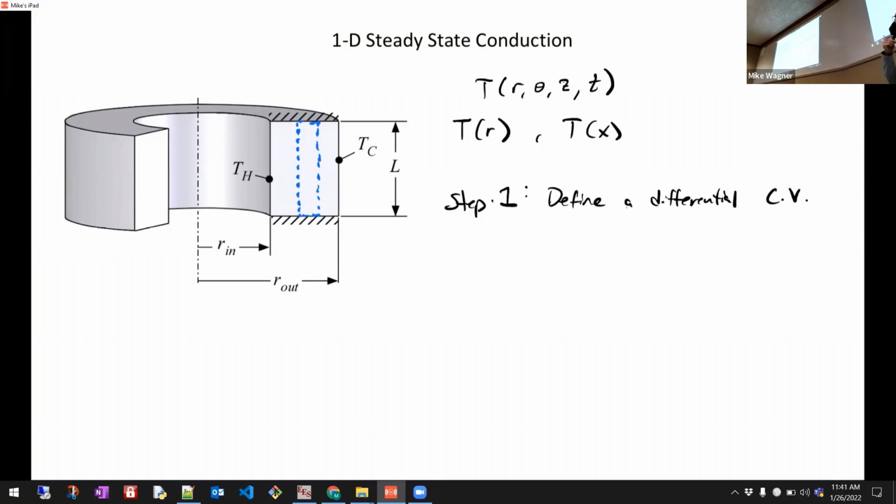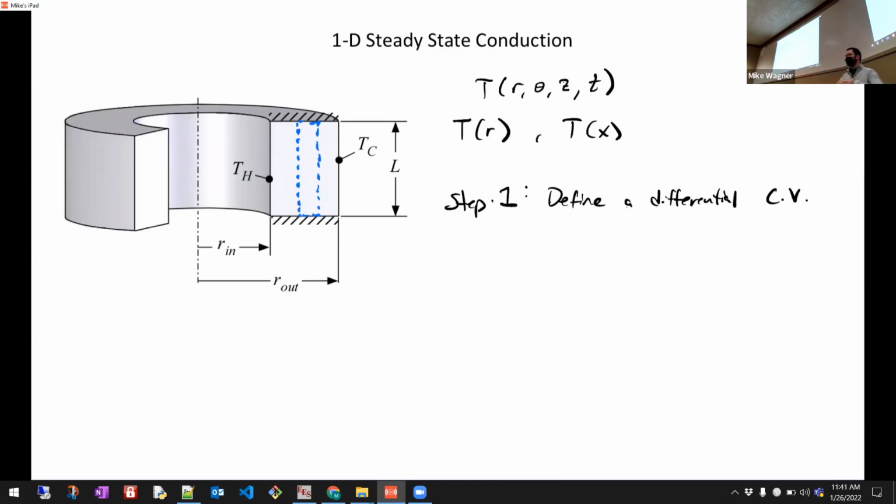So why did I have my rectangle extend from the bottom to the top as opposed to the left wall to the right wall? Well, think about the differential control volume. What we're trying to do is come up with an expression for temperature as a function of a spatial coordinate, say r in this case.